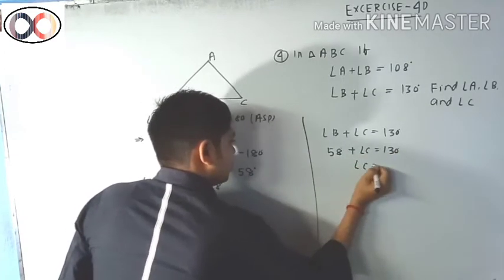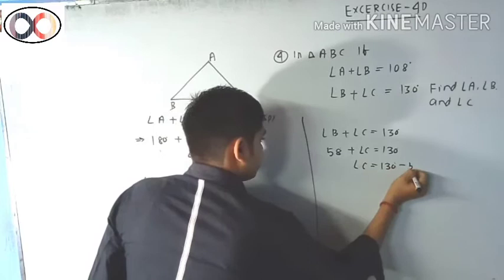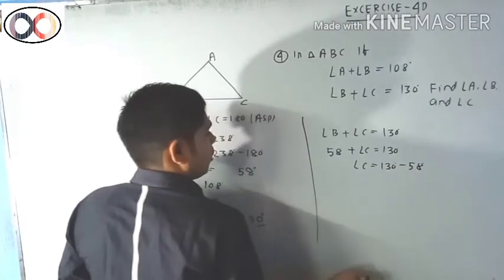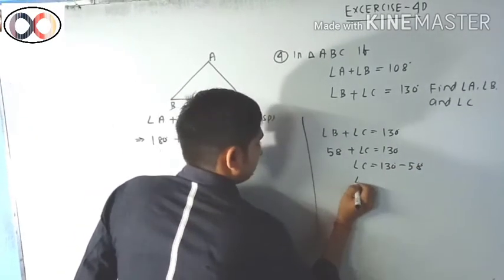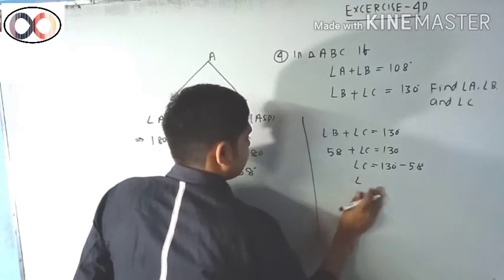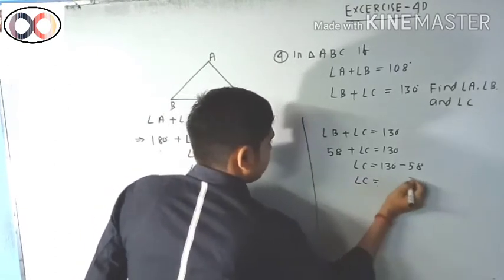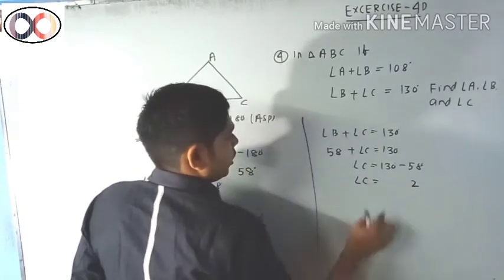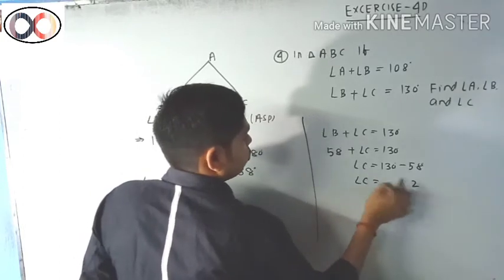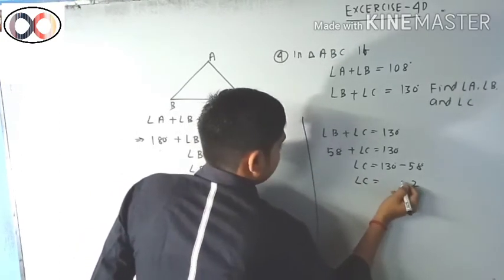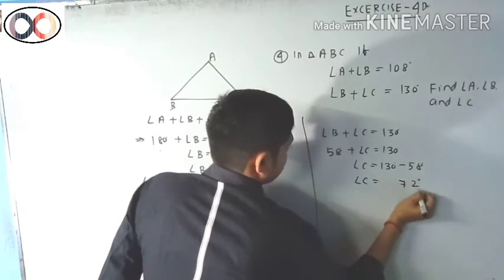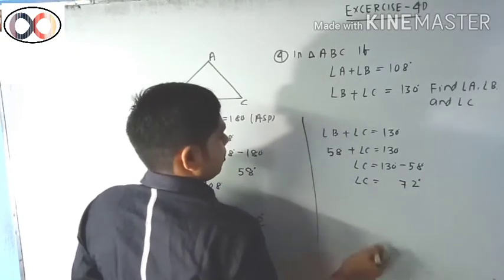So angle C equals 130 degrees minus 58 degrees. After subtracting, you will get 72 degrees.